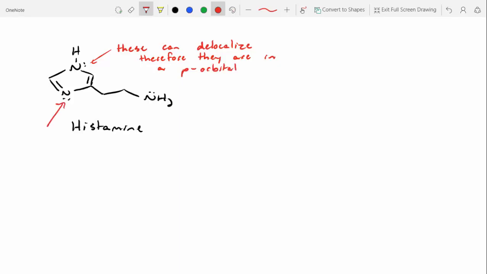What about this lone pair? No, all of the p orbital is already occupied by that pi bond, so we can't have two sets of electrons in the same p orbital, so these are not counted.